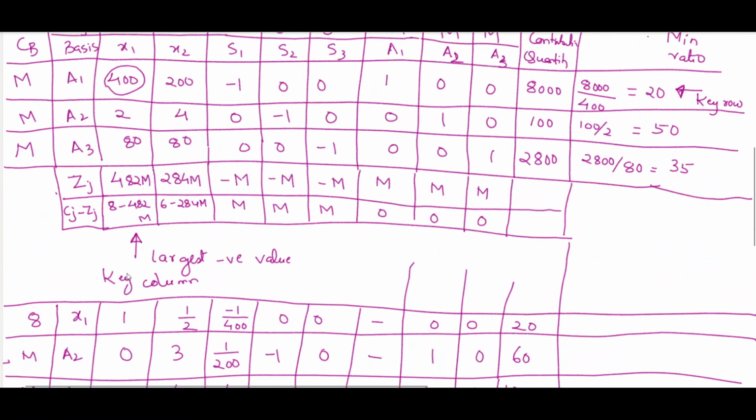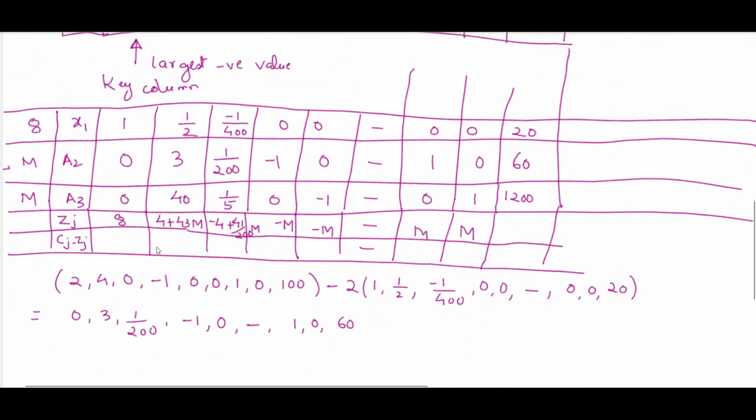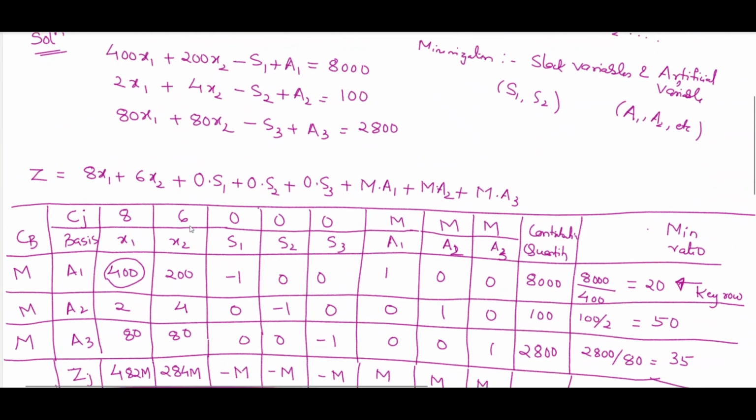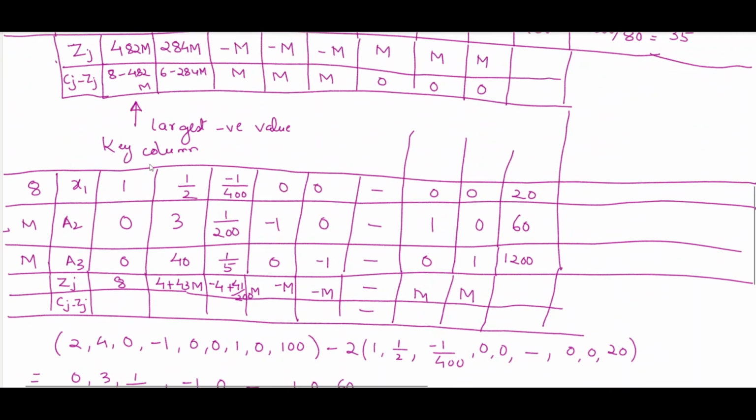Cj values are always fixed. What is the Cj value? 8. 8 minus 4. So it is your 8. So 8 minus 4 minus 43 M. So it is your 6. Sorry, it is 6. X2 it is your 6. X1, what is it?